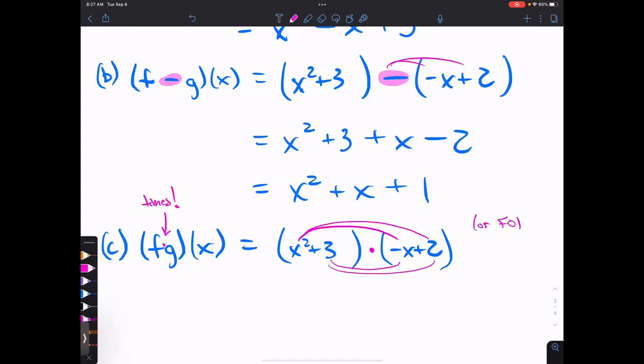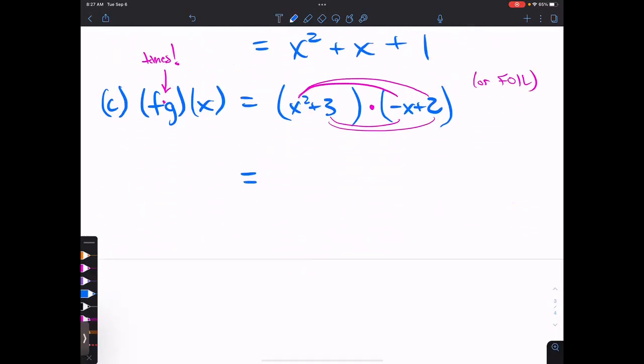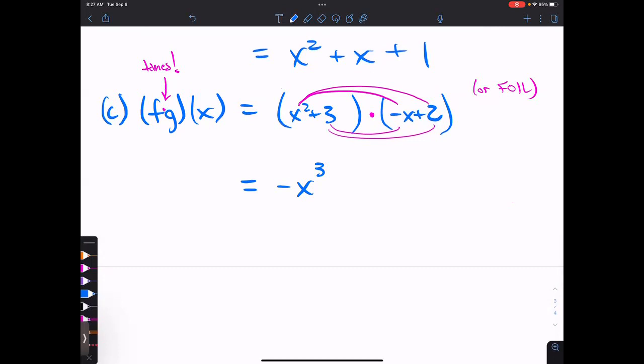So we get x squared times negative x, negative x cubed. Right, x squared means two of them times another one, so 3, and it's negative. Then x squared times 2. Three times negative x, and then 3 times 2.